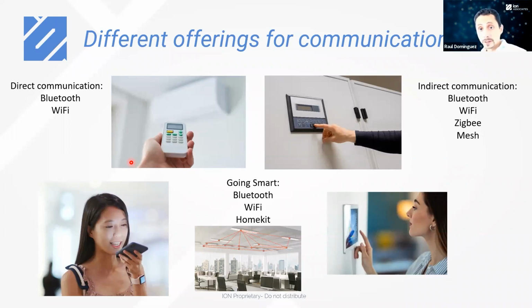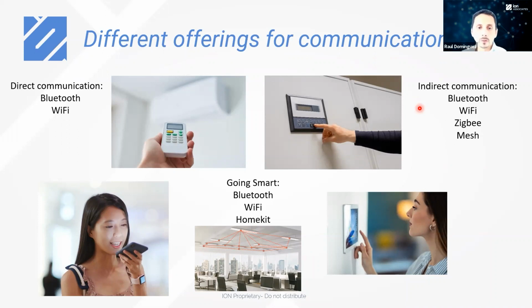Maybe we need indirect communication. That's where we have separate control thermostats. And for that, we can see Bluetooth, Wi-Fi, but we can also see Bluetooth mesh, for example, or Zigbee, because we will need to communicate several devices in a chain or in a very wide area. And these communication protocols help us to do that.